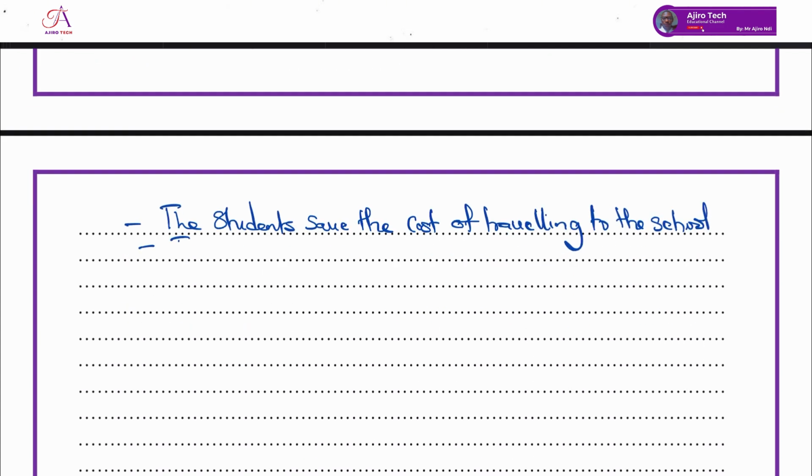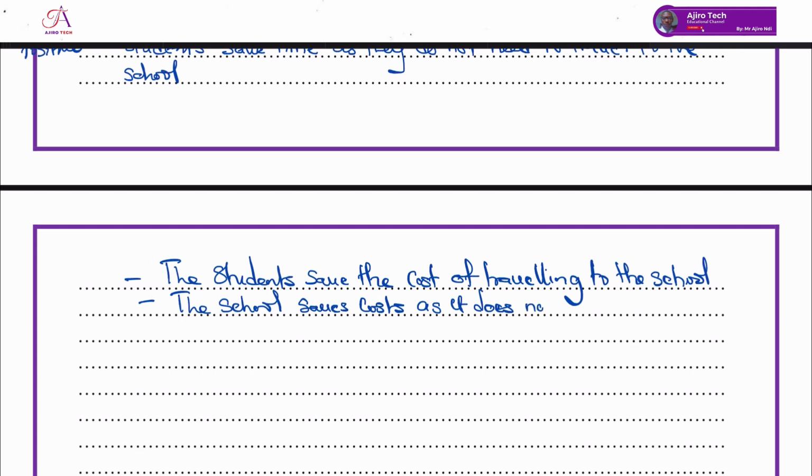The school saves cost as it does not need to open in the holidays. Okay.